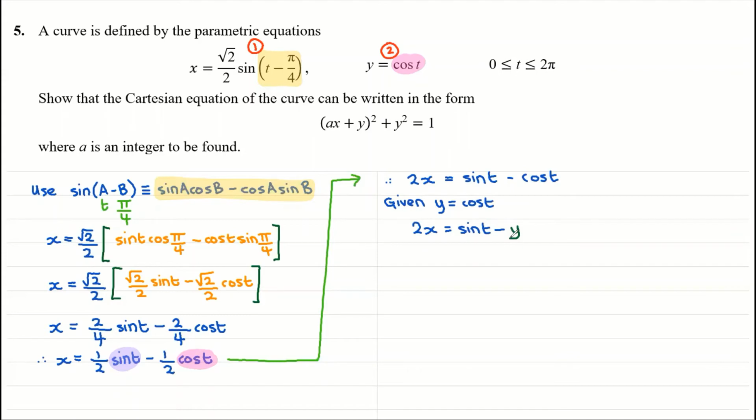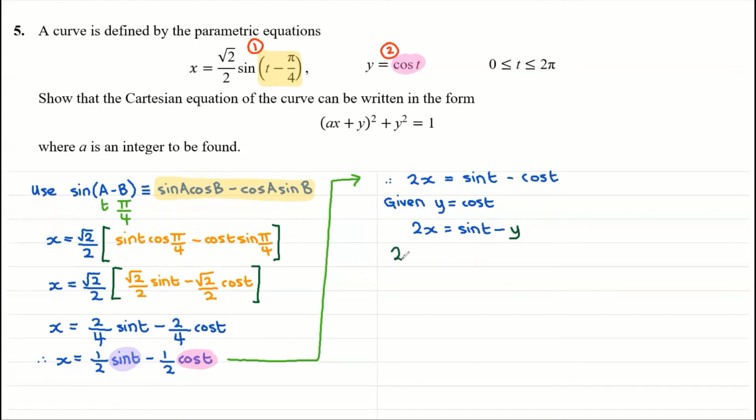Now then, looks like I'm getting towards a Cartesian equation. But if you think back to what we did in the earlier examples, a good method initially is to make the sine t or the cos t or whatever it is the subject of your equation. And we can actually do that here. If I add y to both sides, you'll notice that I'll get the following.